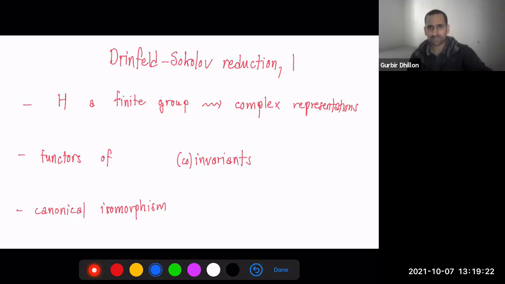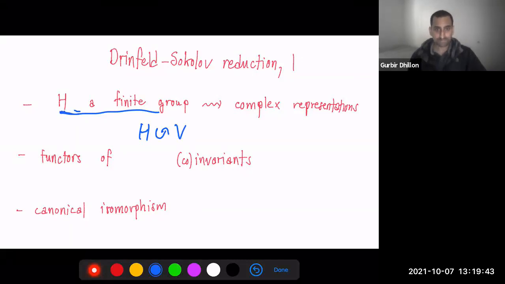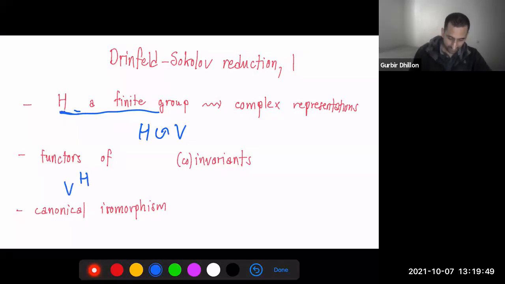So the first thing is, again, we're saying we need to gauge some action of some group. And the most naive way you can do that is when it's not an infinite dimensional Lie algebra you're trying to gauge, but say a finite group. And so if you have a finite group acting on some representation V, say a complex representation, then recall that you can make the invariant vectors and the co-invariant vectors.